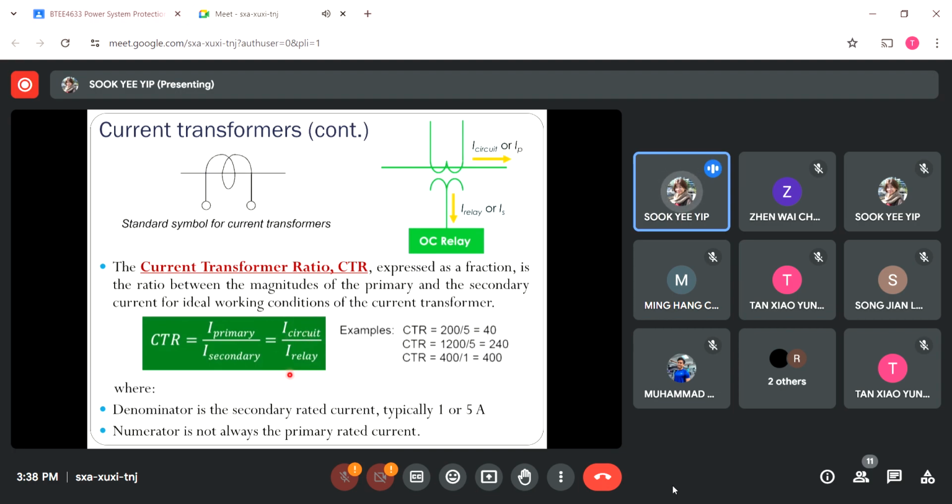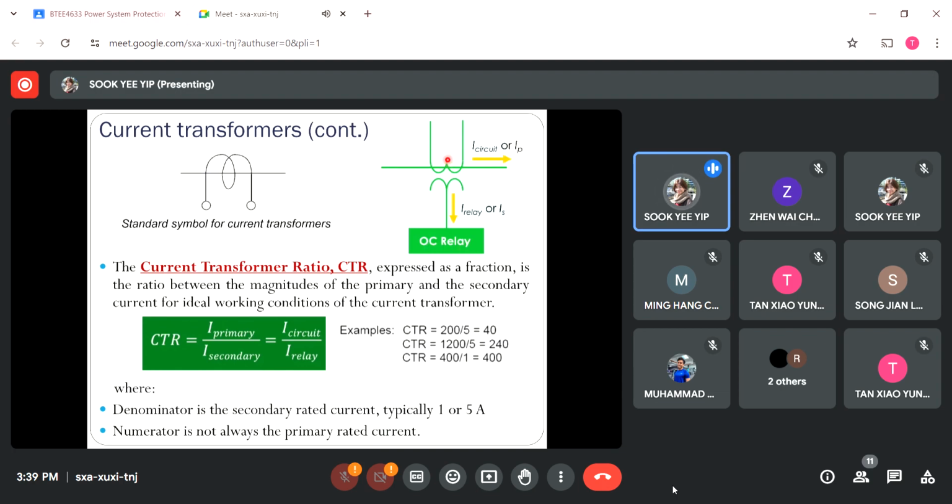So how can I actually get these formulas to find the CTR? Let me draw attention to the figure on the right-hand side. All right, suppose this is a power line and I want to apply the current transformer to measure the current. Let's say this is the current transformer, and on the primary side I have the circuit current flow, which we call the primary current. We know that this current transformer is not transmitting the actual current value to the low-rating device, like let's say I apply it to the overcurrent relay.